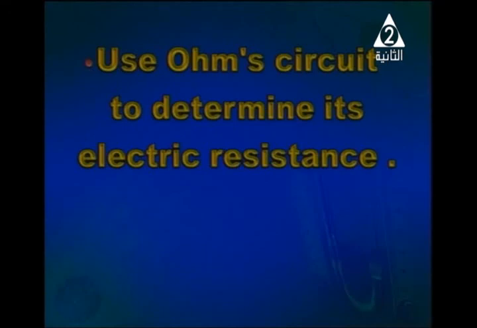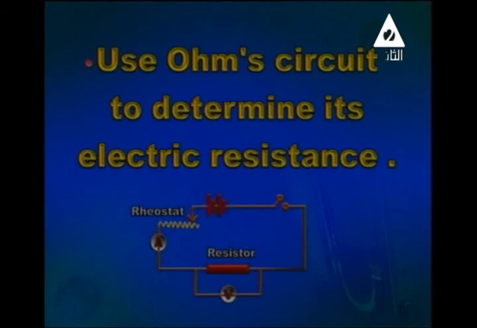Let me remind you of Ohm's circuit, which I've just explained and is shown in front of you. The circuit consists of a switch, battery, rheostat, ammeter, resistor, and a voltmeter connected in parallel to the resistor. Use this circuit to determine the ohmic resistance of the resistor.